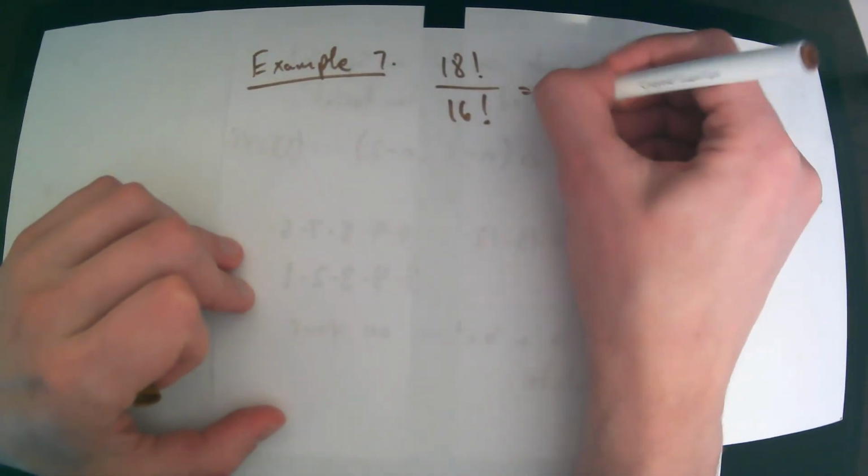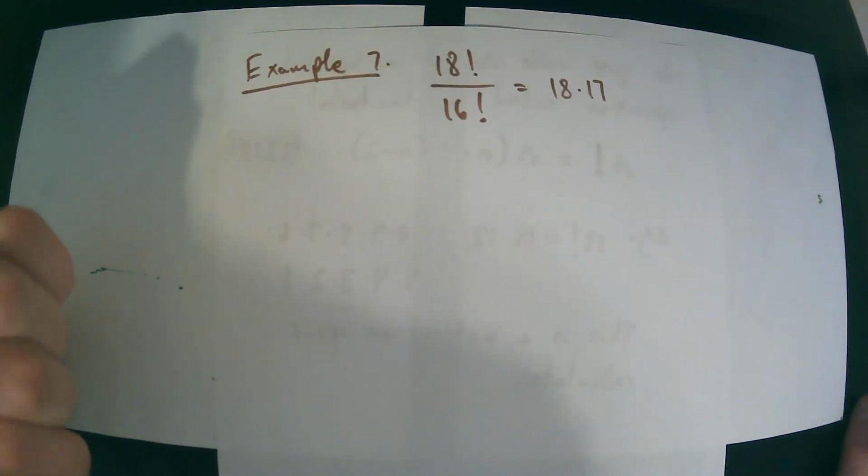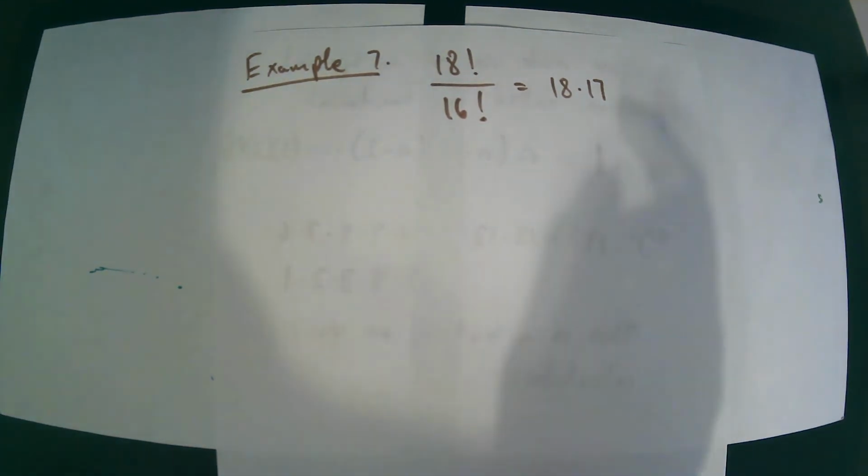Now really quickly, I can tell you that this is just going to be 18 times 17. See if you can figure that out without plugging these into the calculator and then dividing. Do you see why it's just 18 times 17?